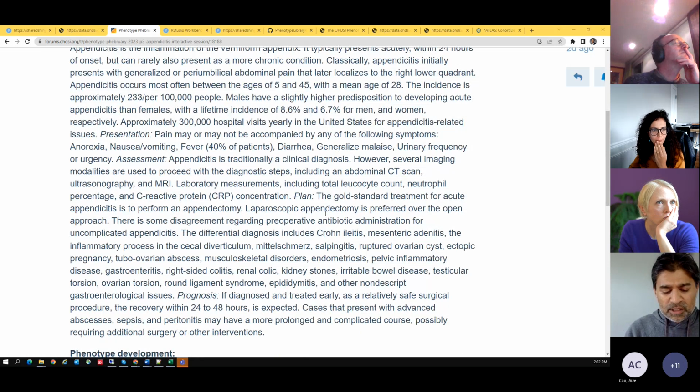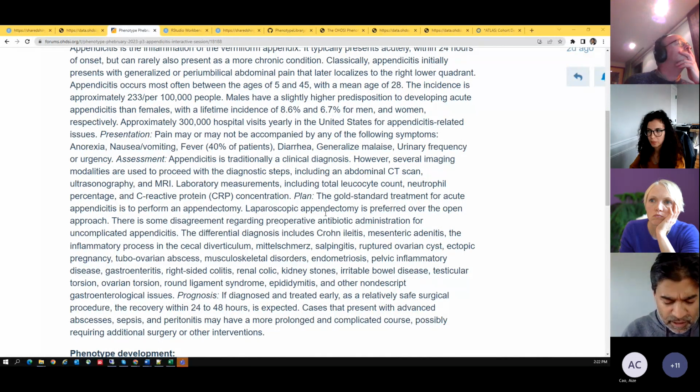The differential diagnosis is pretty broad. It can go from ovarian causes to cecal causes to ectopic pregnancies, renal causes, and so on. But it's a pretty mature clinical idea, and most clinicians know how to manage it. Prognosis: if diagnosed early, it can be easily treated, mostly with surgery, and quick recovery happens afterwards.